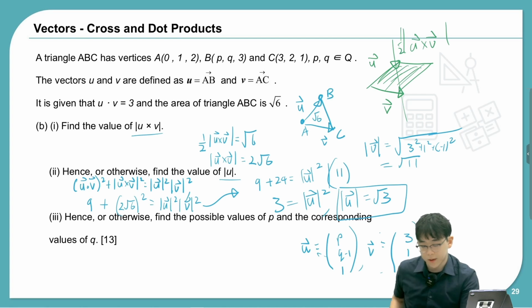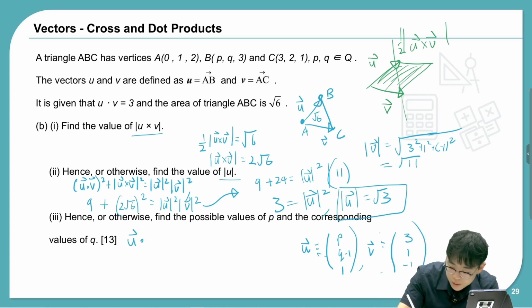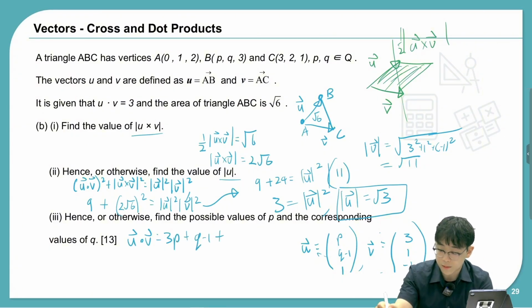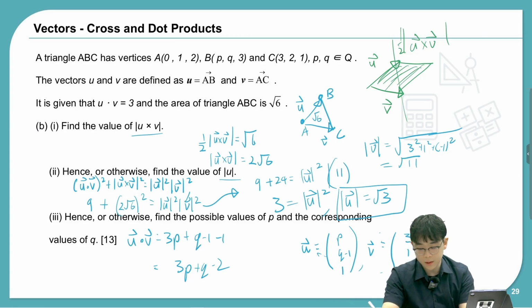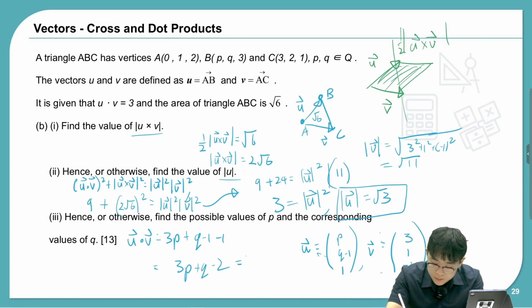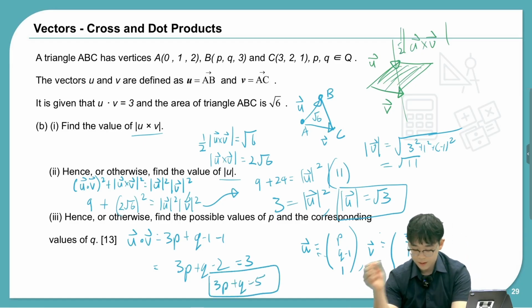So if you were to do the dot product, u dot v, we would get 3 times p plus q times 1 plus negative 1. So that's just 3p plus q minus 2. Okay, that is going to equal 3. So we could say 3p plus q is equal to 5. That's one relationship we have.